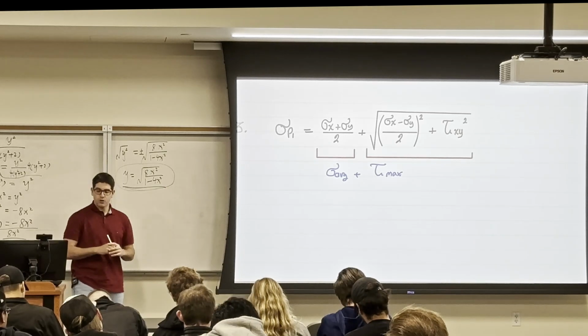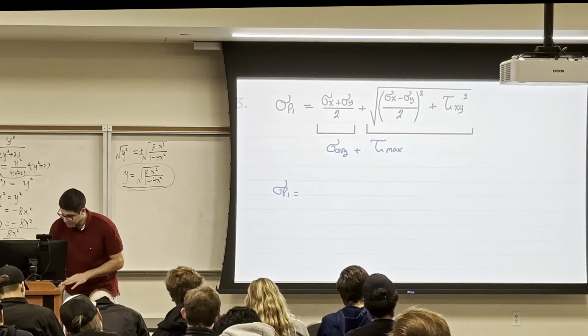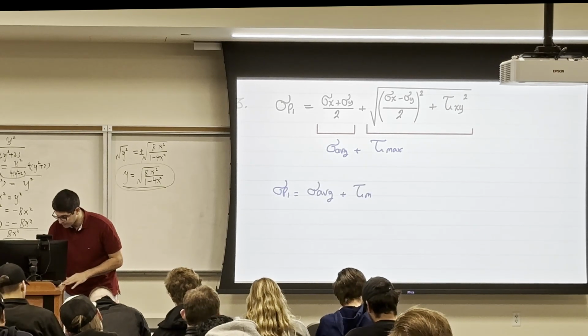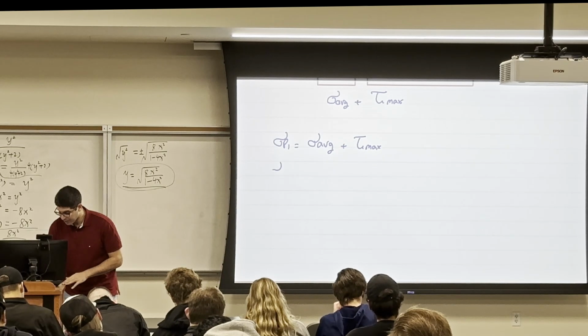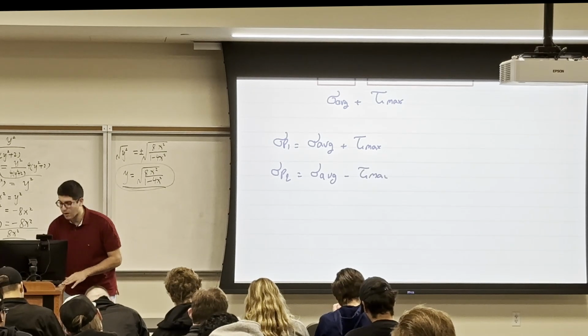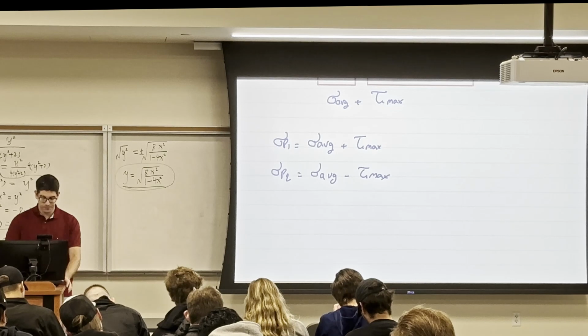So the new equation for sigma p1 is sigma average plus tau max, and therefore sigma p2 is sigma average minus tau max. And we're going to use this now in the example.